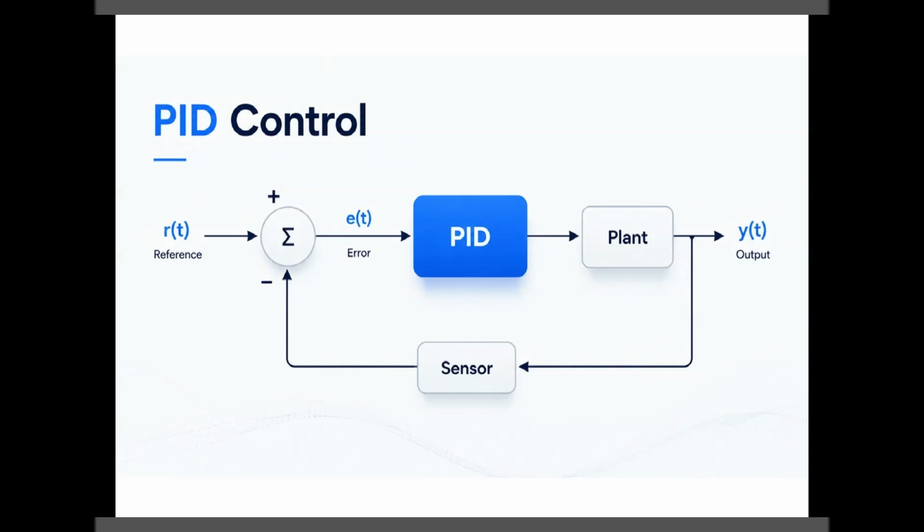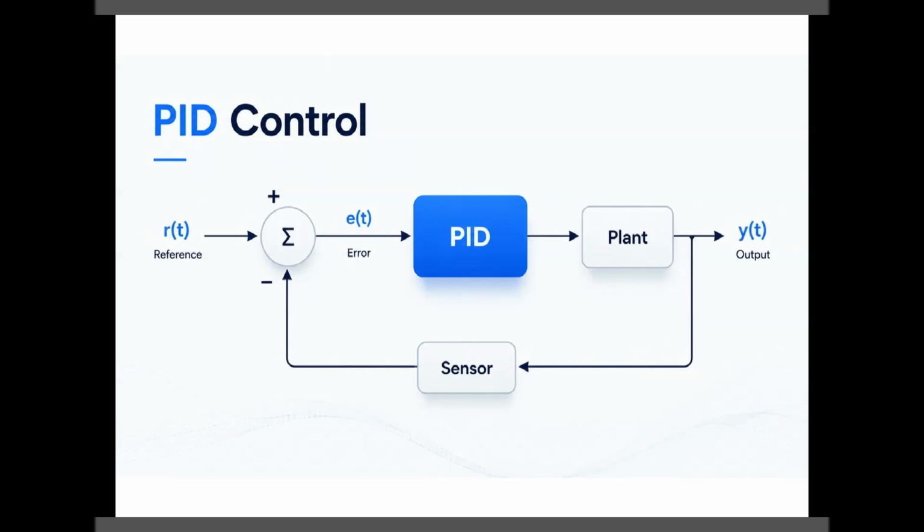The system responds, producing a new output. The output is immediately measured and fed back to the controller, where the comparison starts again. The continuous cycle of measure, compare, act, and repeat is what makes feedback control so powerful.